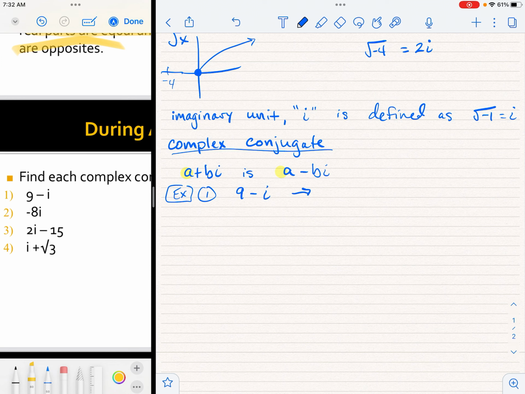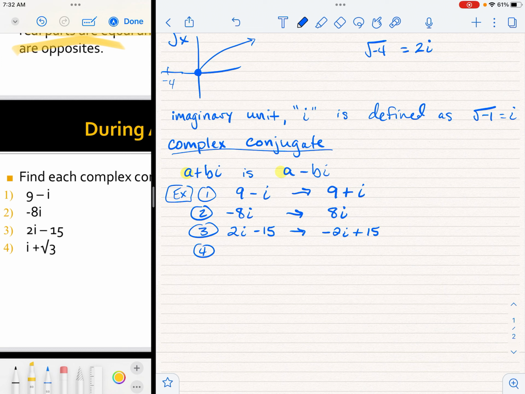So the conjugate of 9 minus i is 9 plus i. Example 2, -8i. We're going to change the sign. That's a positive 8i. Number 3, 2i minus 15. We keep the real part, change the imaginary part. So this would be a negative 2i plus 15.